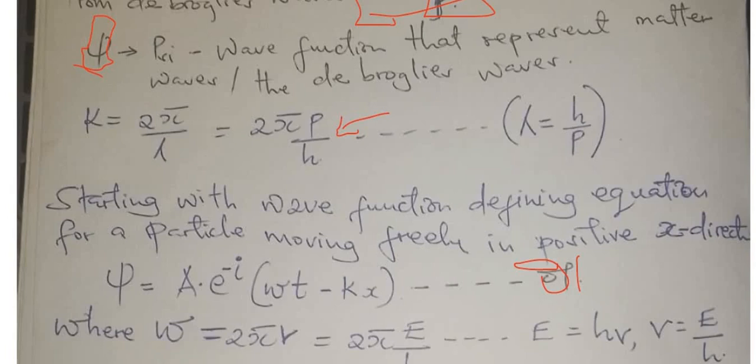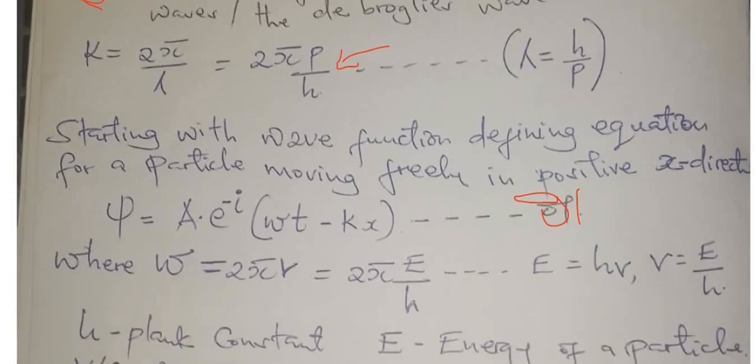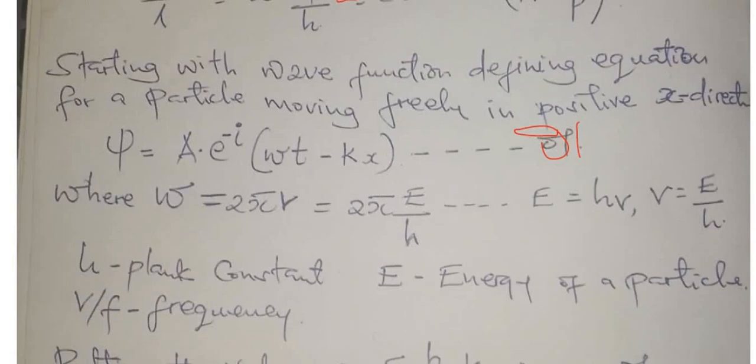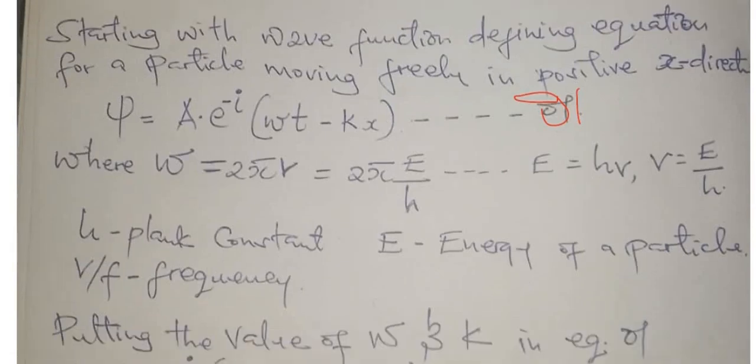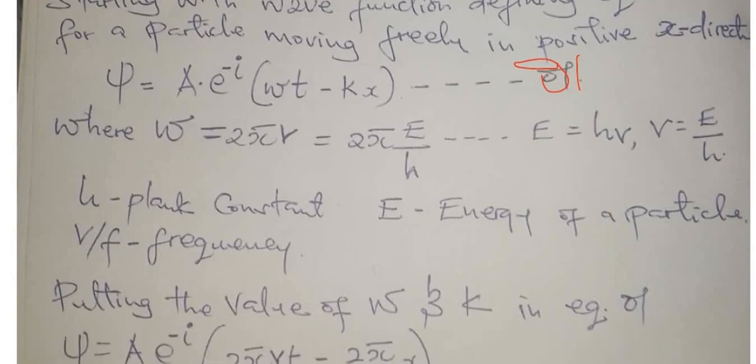In replacement, it's 2 pi E all over Planck's constant, where E equals h f. E is the energy, and f is the frequency.